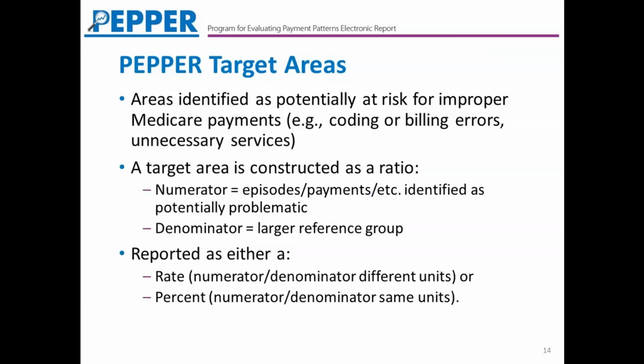Some target areas have a result that is a rate, and these target areas are calculated with a calculation where the numerator and the denominator are different units of measure. Some of the target areas are reported as a percent. In this calculation, the numerator and denominator are reported or measured using the same units, and the numerator is a subset of the denominator.